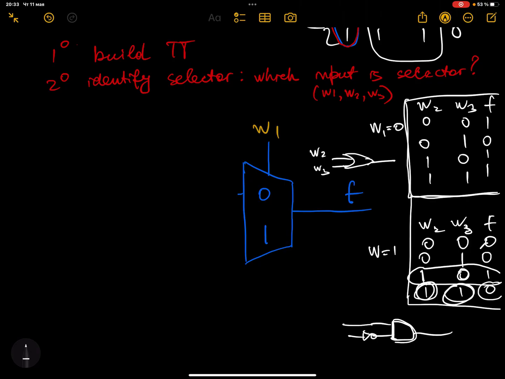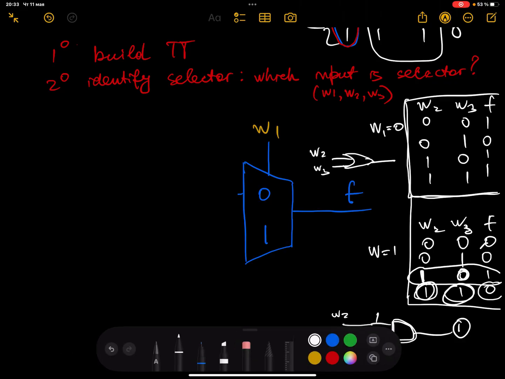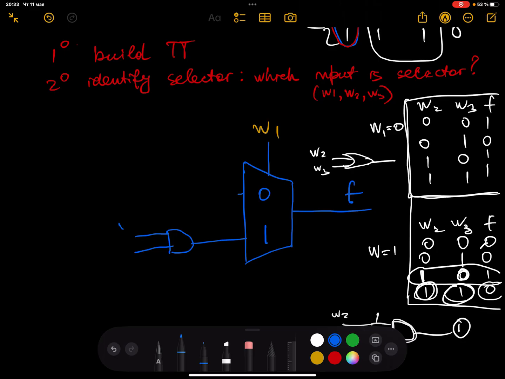So W2, W3. When W2 is 1, this is going to be 0, but overall it's going to be 1 because there's negation, so this produces 1. Okay, so this is correct. So when the selector's value is 1, we're going to have an AND gate, and the inputs are W2 and W3, but here we have negation.